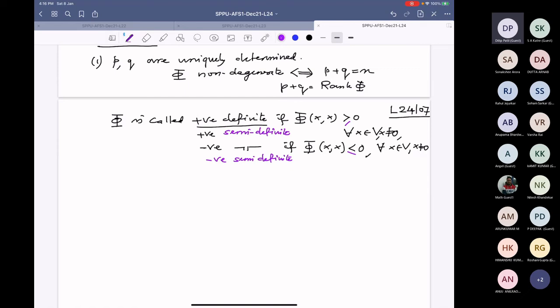Otherwise, we call it indefinite, if there is x with this positive and there is y with this negative, for some x in V, for some y in V.